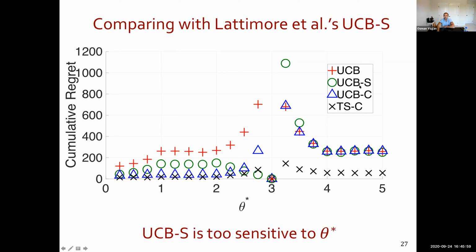What we see is that UCBS is very sensitive to the true value of theta star. If you use Lattimore's algorithm, you may end up doing actually the best possible regret, minimum possible regret among these 4 choices. But you may also be doing the worst possible performance among these 4 if your actual theta happens to be here.